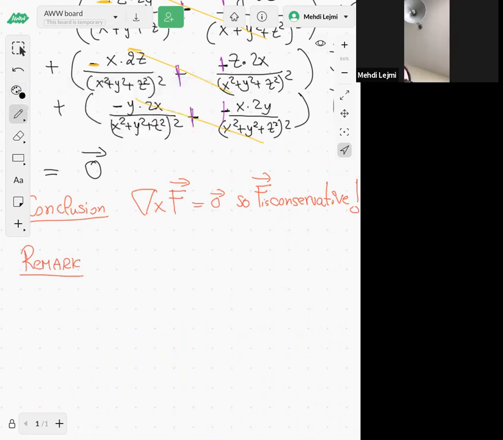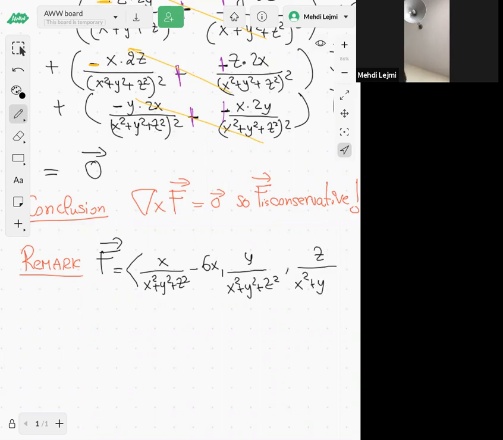So we have this vector field f, which is x over x squared plus y squared plus z squared minus 6x, y over the same thing, and z over the same thing.